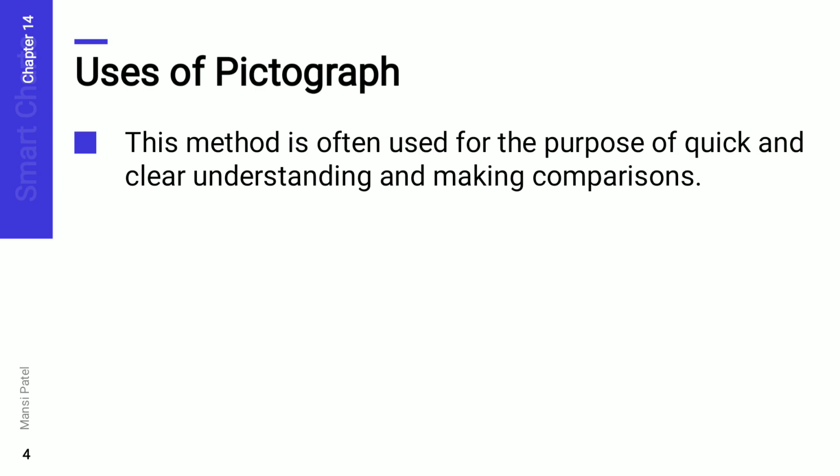But if you represent the data in the form of pictures, it's a clear understanding and you quickly learn that data. And if you want to compare that data, you can easily compare it with the help of pictures, because it's quick and clear understanding, and the picture also attracts you.